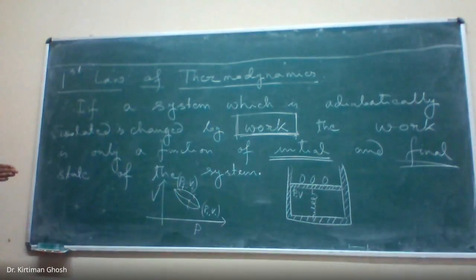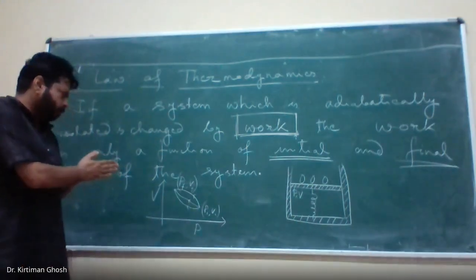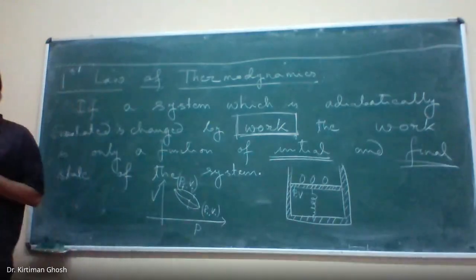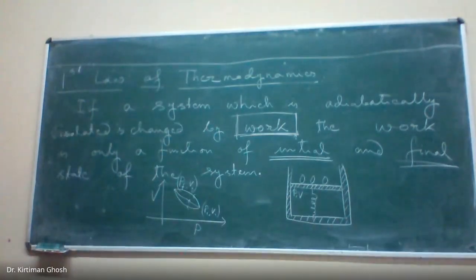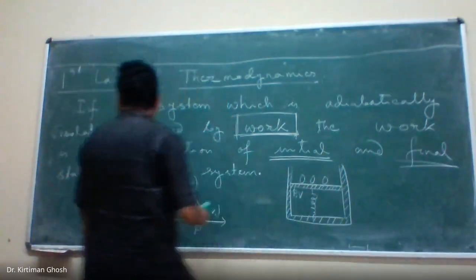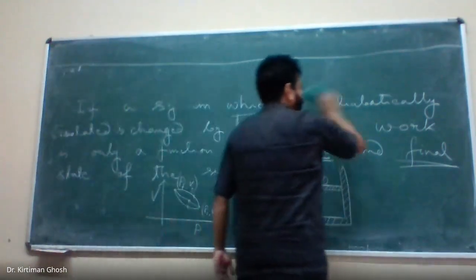So our objective will be to learn how we can calculate work done on a thermodynamic system. This will be our next objective. And then we will come to the first law of thermodynamics and try to understand its consequences.